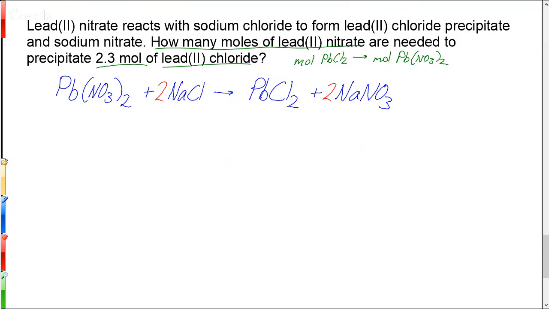That looks like this. So we'd go 2.3 moles of lead 2 chloride. And then we need a quantity that gets us from moles of lead chloride to moles of lead nitrate.